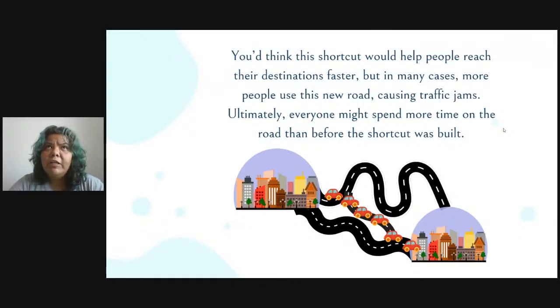You can see this a lot when a road gets closed, and then you try to find a new route and you start moving to other sites, and suddenly everywhere is a traffic jam. That's basically what happens with a Braess paradox.